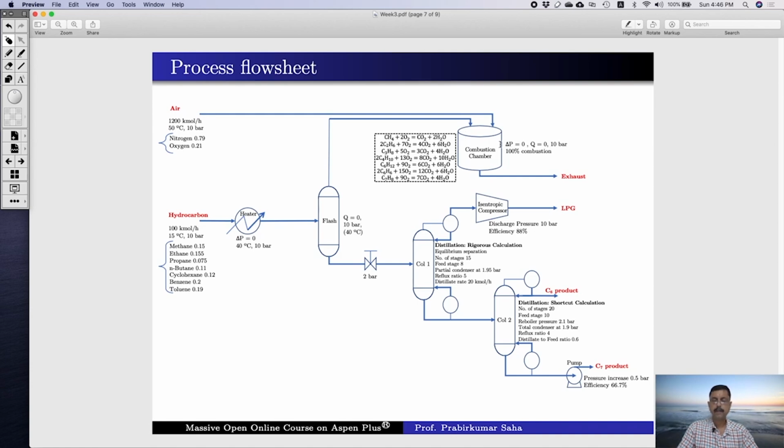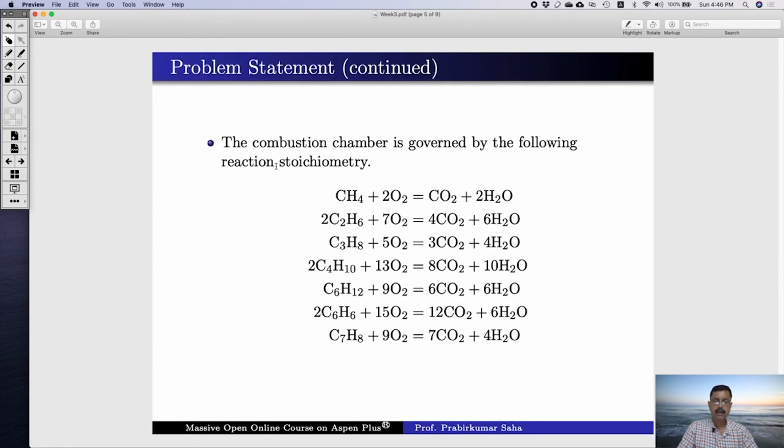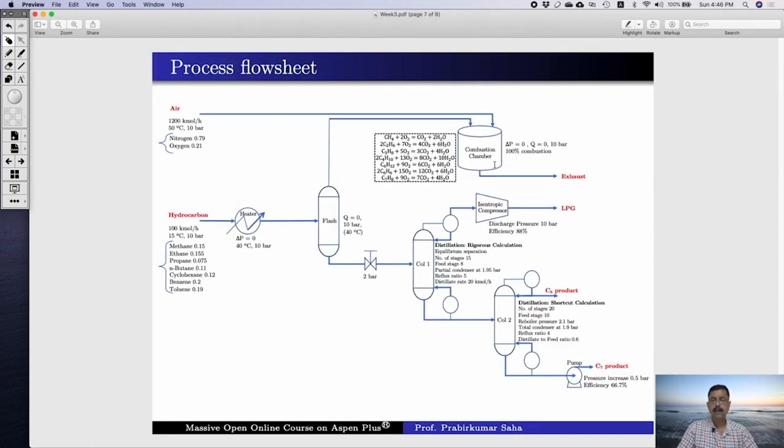So this is a reactor. Basically this is a reactor, and we know that this combustion chamber will be governed by the reaction stoichiometry. So we will have a reactor model that runs on stoichiometry.